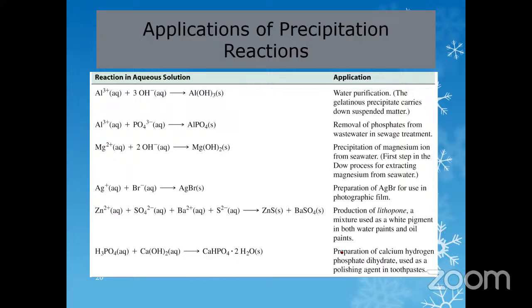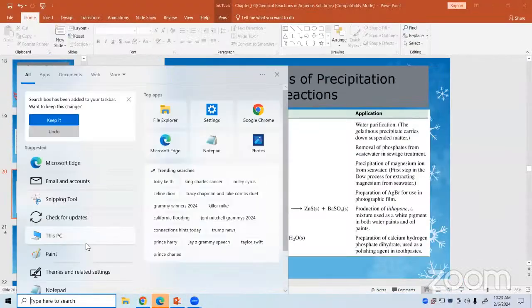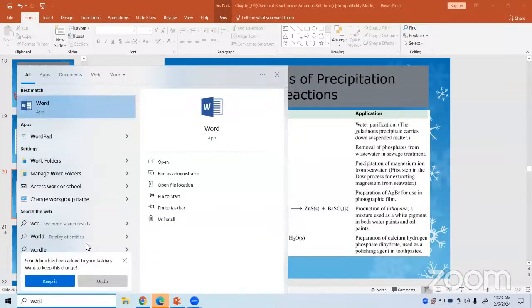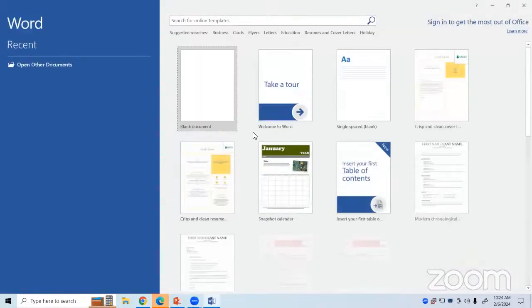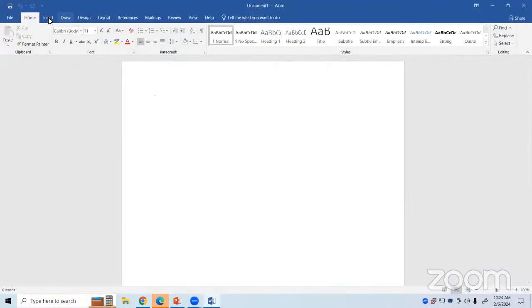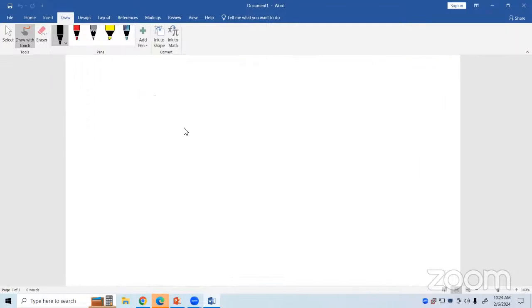Now, I'm going to show you an example of a question that you could face concerning precipitation reactions and how you make predictions concerning them. So let me open up, I think I'm going to use Word for this purpose. Okay, so I'm going to use the same example that I showed you before.